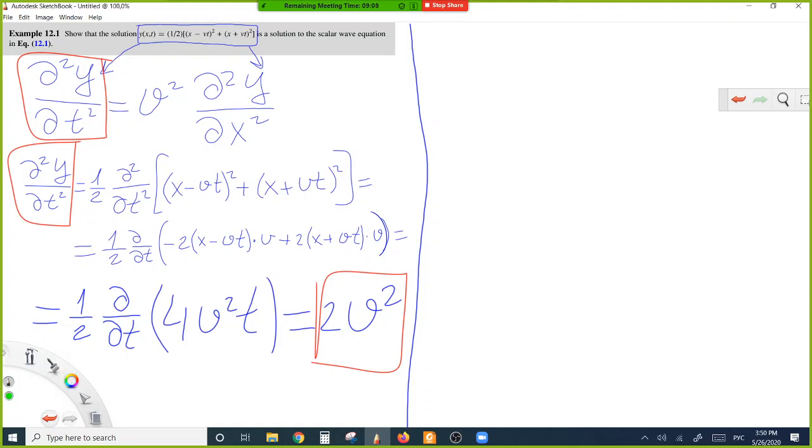Now we need to compute the right hand side.